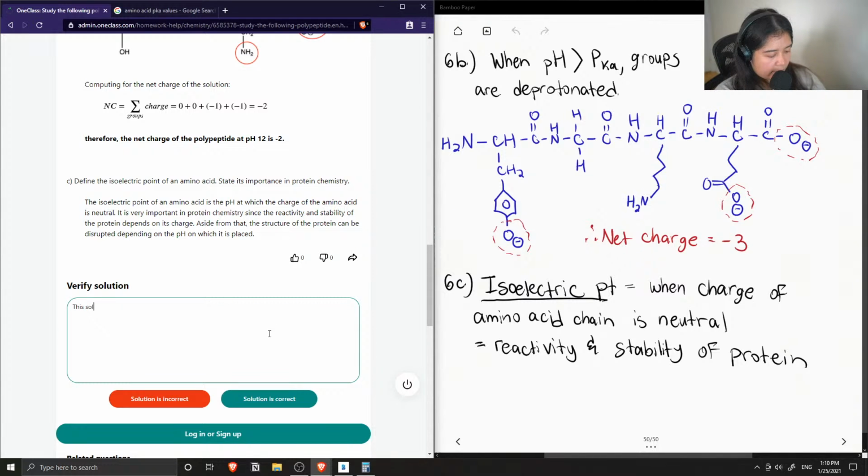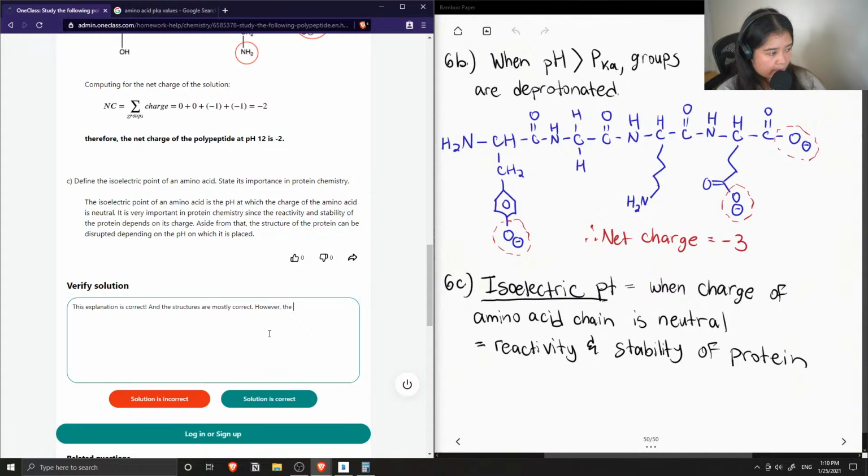Okay, so this solution, or this, I'll say explanation, and the structures are mostly correct.